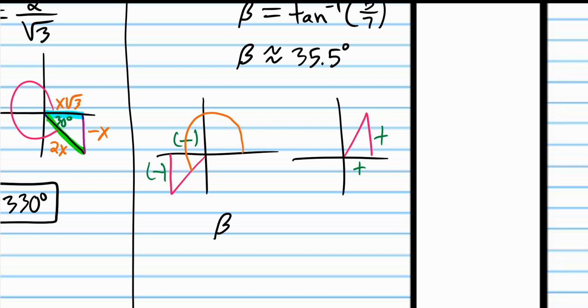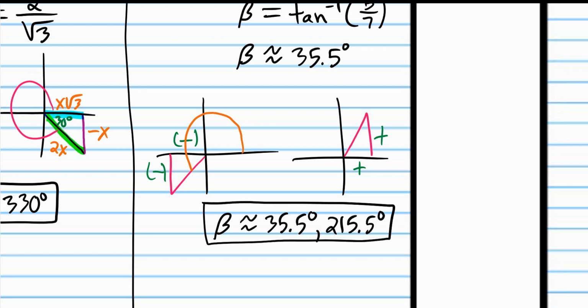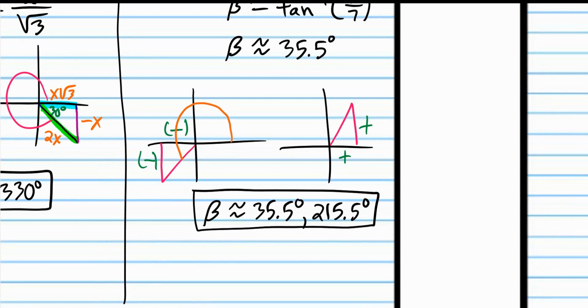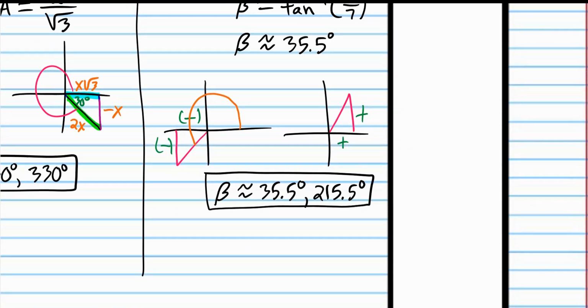So beta is approximately equal to 35.5 degrees and 215.5 degrees. The problem doesn't tell us what to round off to, so we can just determine the accuracy ourselves.